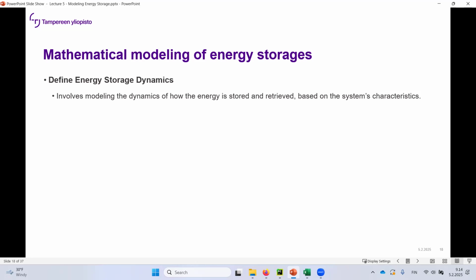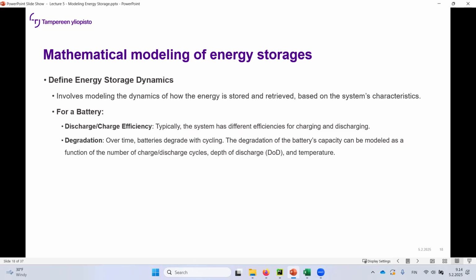Then define energy storage dynamics. So how the energy is stored and retrieved based on system characteristics. For example, for a battery, there's going to be charge and discharge efficiency. The system might have different efficiency for charging and discharging, and it might be a function of the state of charge. And there's going to be degradation. So batteries degrade with cycling.